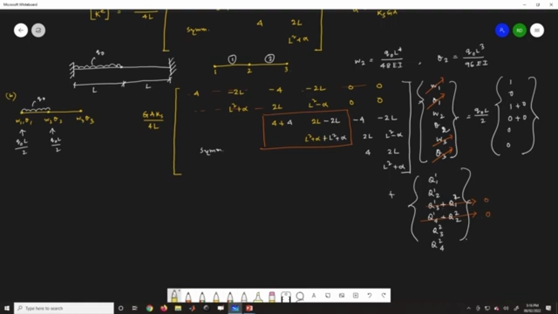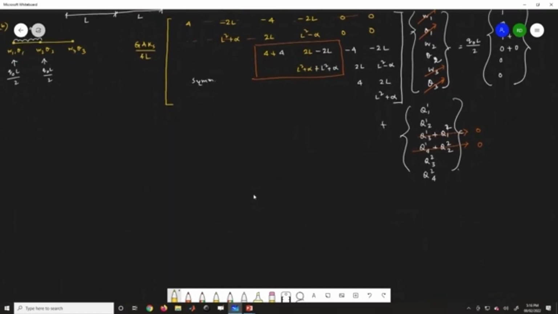So, finally, if I write my equation, this looks like this: GAKs by 4L, and then this will be my 2 by 2 matrix, that is 8, 0 and then 0, 2L square plus alpha, and then you will have only W2 and theta 2, and obviously you will have Q0 L by 2, and this is 1 and 0.